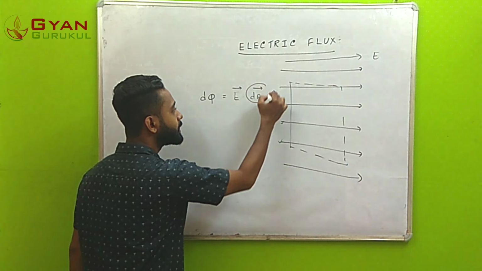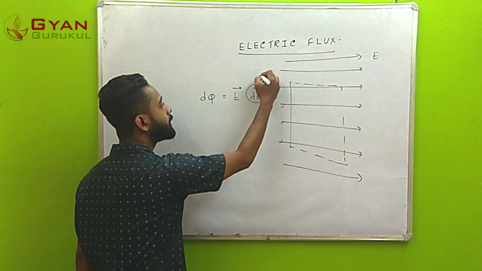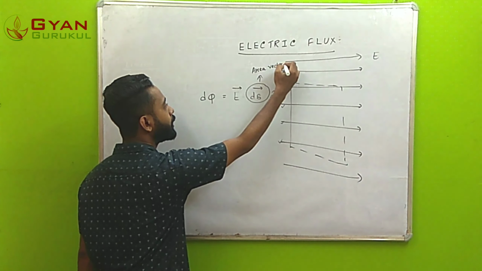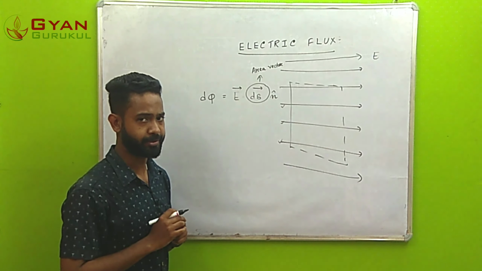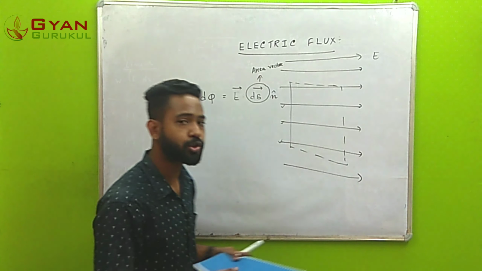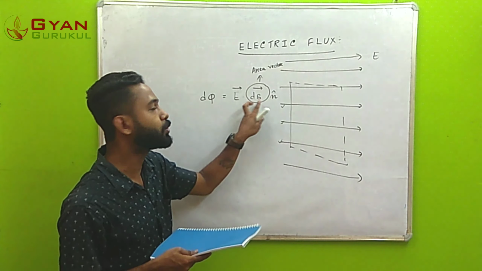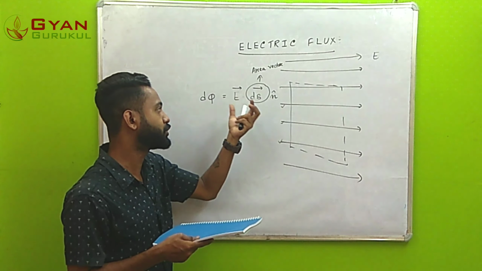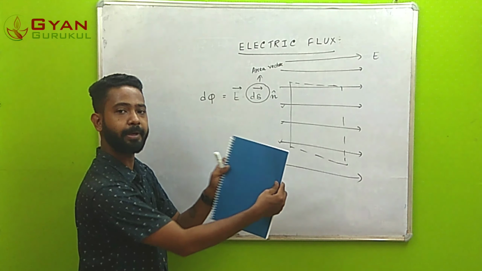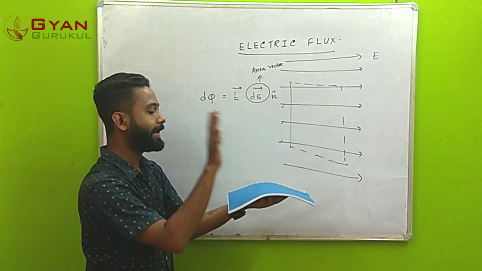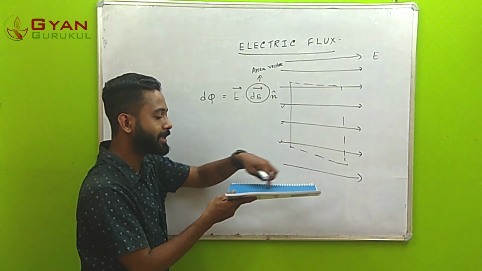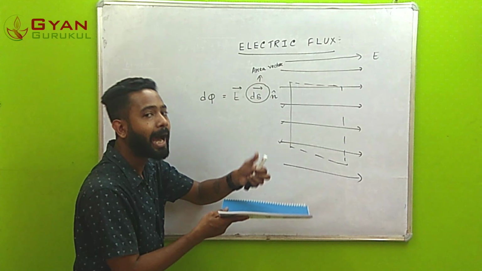So ds is known as the area vector. Now what do you actually mean by area vector? Let us again try to understand that. The area vector is a vector quantity, as is clear from the name itself. If I take this to be a particular surface, then the area vector is a direction directed from that surface perpendicularly outward.